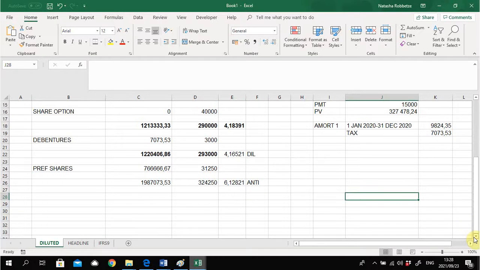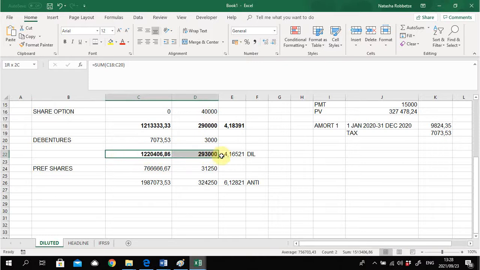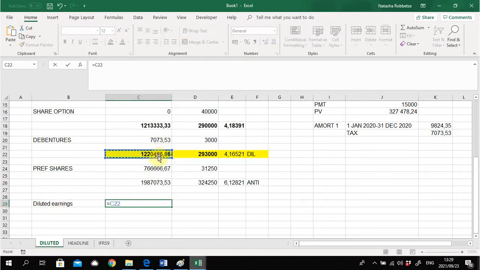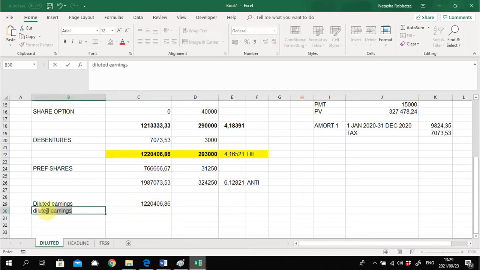So for the year ended 2020, what would the diluted earnings per share be? Well, the last subtotal which was dilutive is this one. So we're going to list the diluted earnings as the total earnings in this rollover subtotal, and the diluted number of shares as this total.